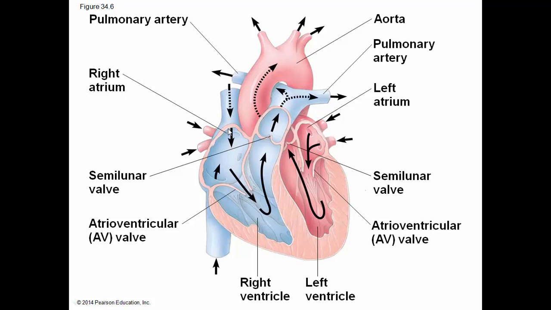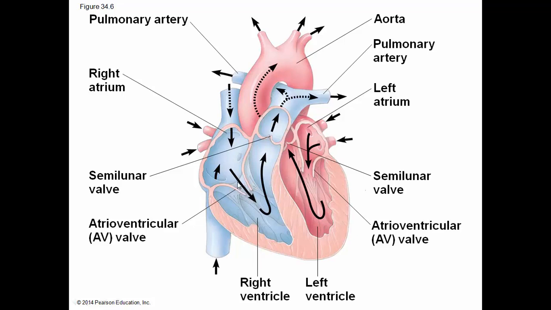There are major veins and minor veins. So here, the superior vena cava is draining deoxygenated blood into the right atrium. Here's the inferior vena cava, which comes up from the bottom, also taking blood into the heart.